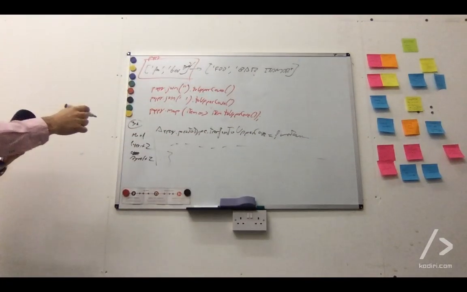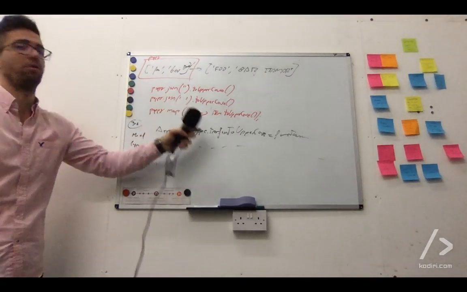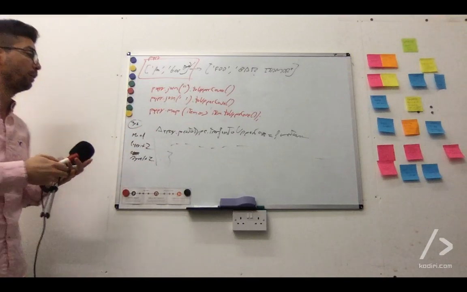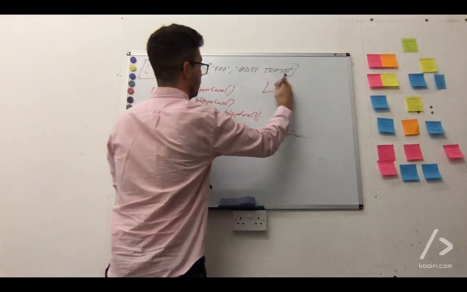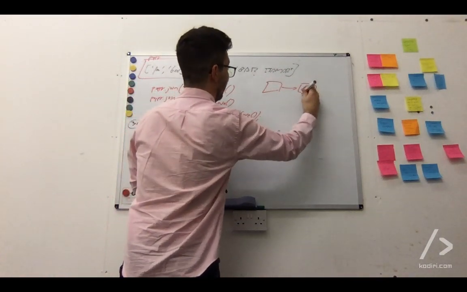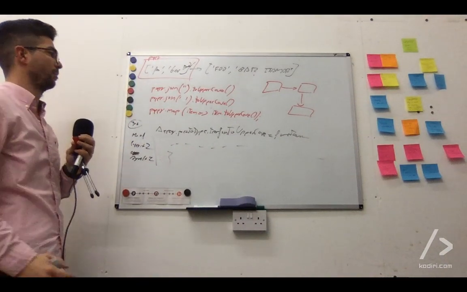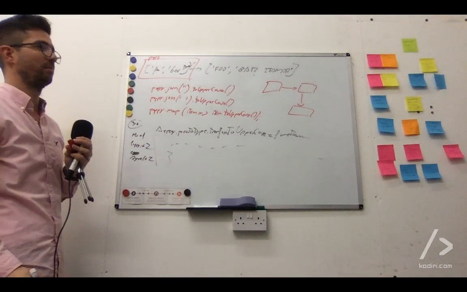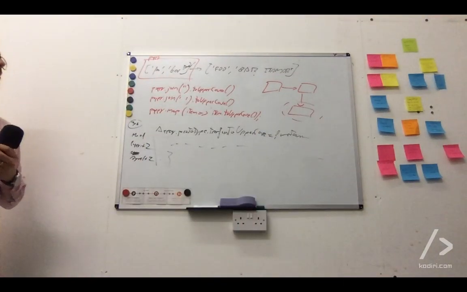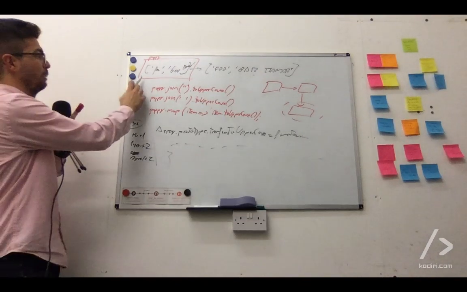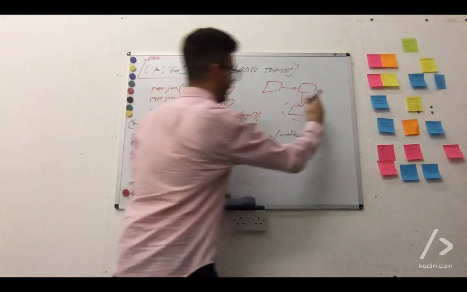Does anyone know why people suggest doing Array.prototype blah blah blah? Because if you do that, do you remember this set of boxes? What's the last box? The prototype of this data type. What data type do we have here? Array, correct.